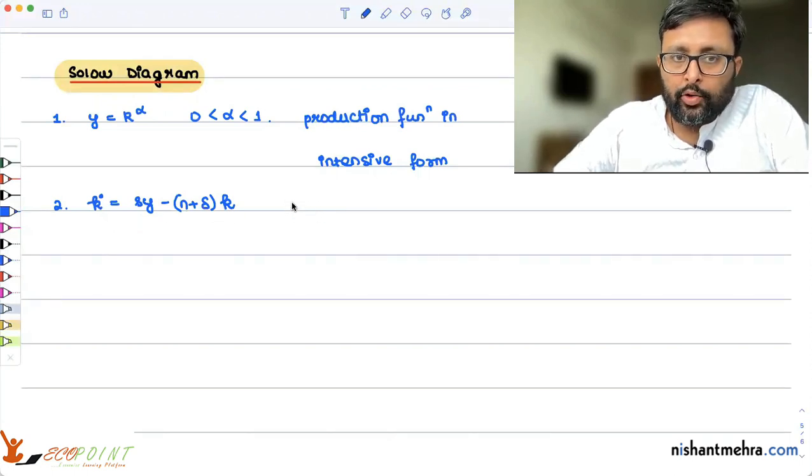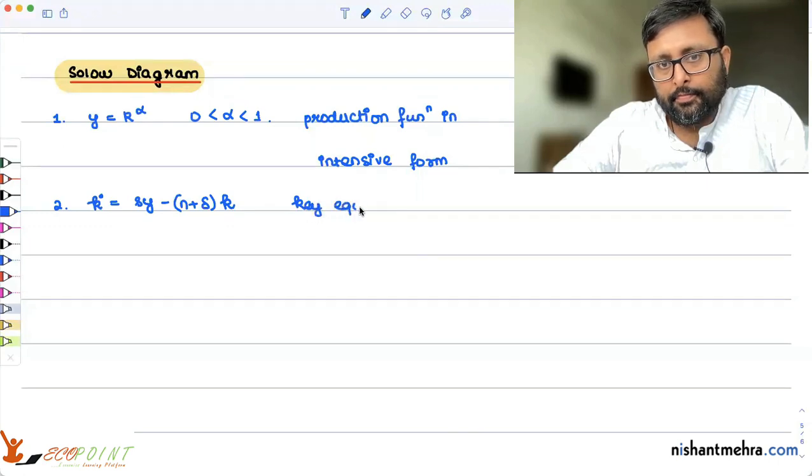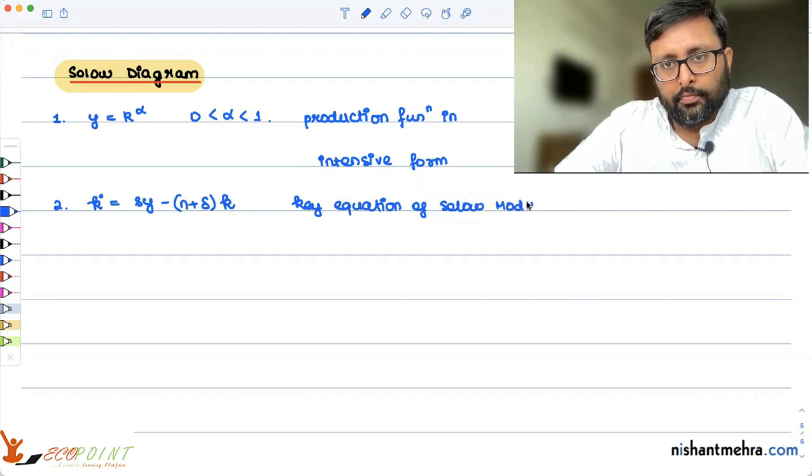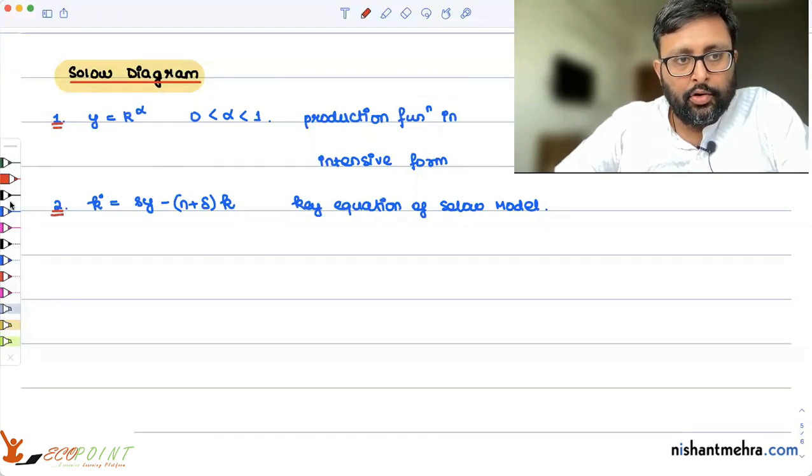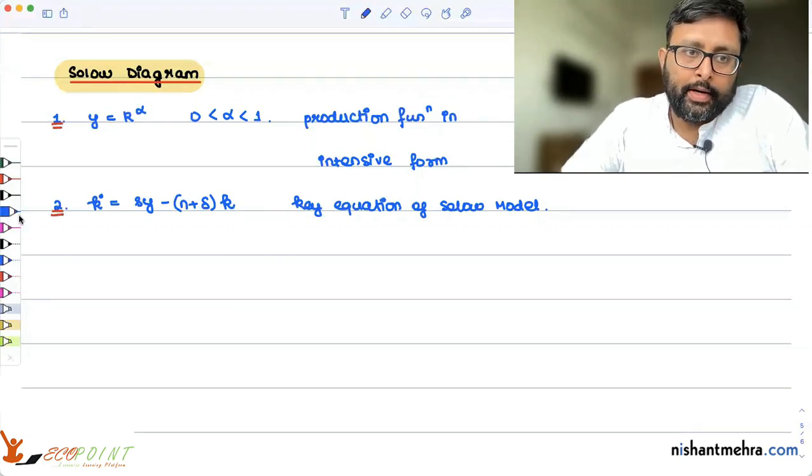So this is the key equation of the Solow model, right?